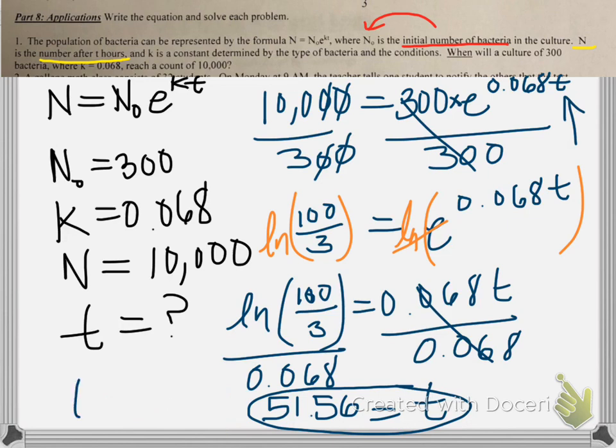So hopefully this makes sense. 52 years. You would only round it to the tenth or the hundredth place if the question tells you. So this question doesn't say, so I would just round it to the next whole number because years is a whole number. All right.